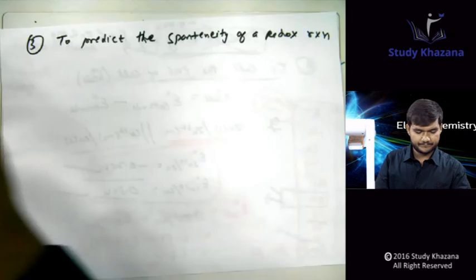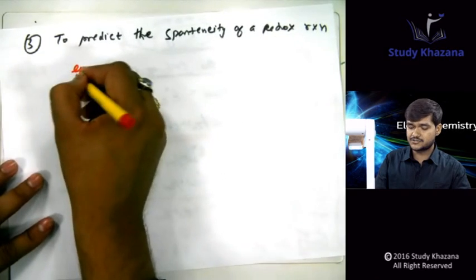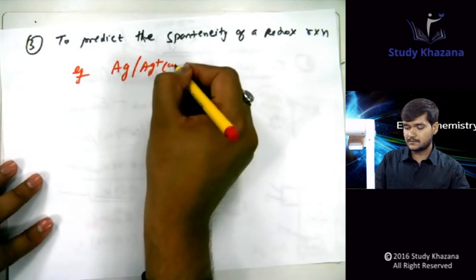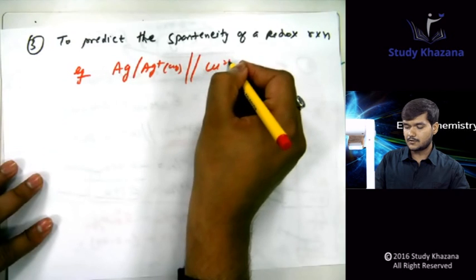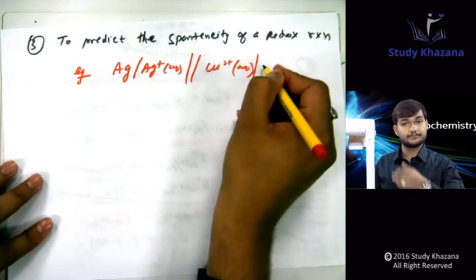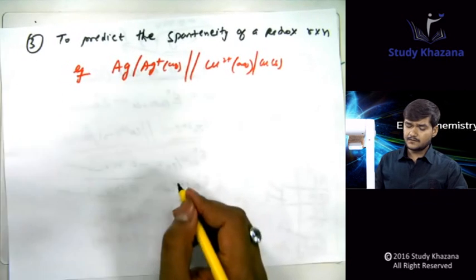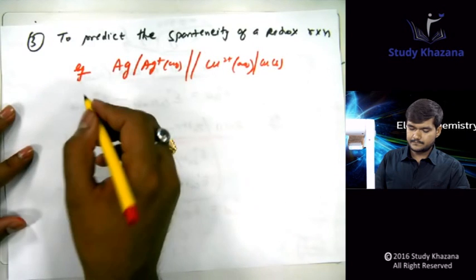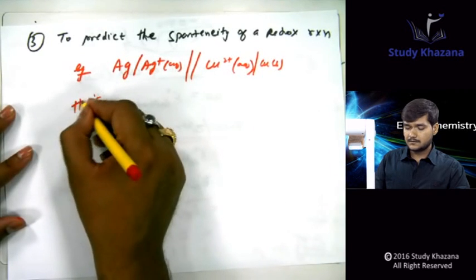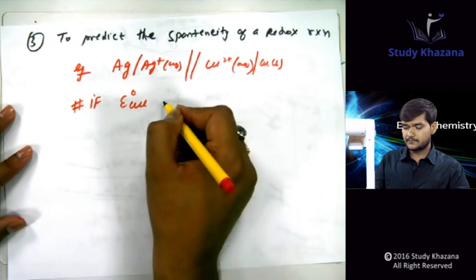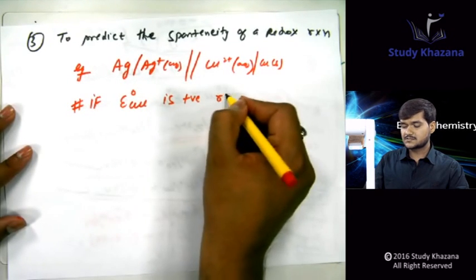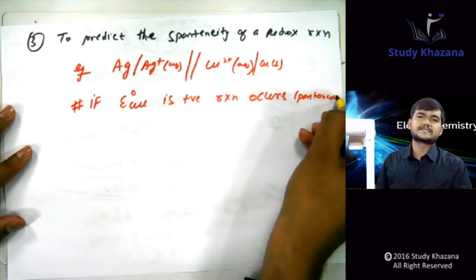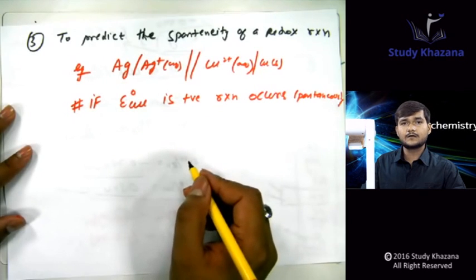For example, I am giving you this cell: Ag+ aqueous, bridge, Cu2+ aqueous, Cu solid. This is known to us: if E0 cell is positive, the reaction occurs spontaneously on its own, or the cell will work.